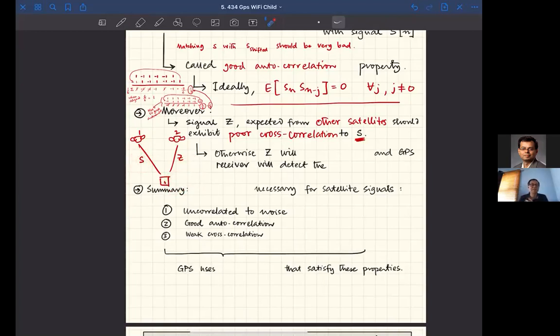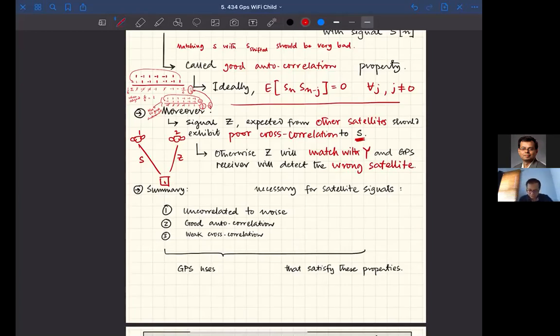These are the properties that the signal needs to satisfy. If this cross correlation property is not satisfied, then Z will match with S and the GPS receiver will detect the wrong satellite. That you don't want, right?